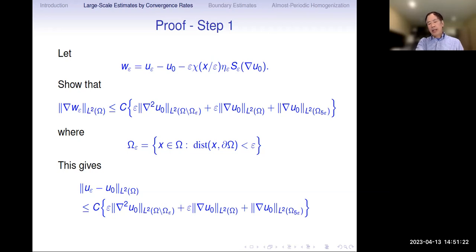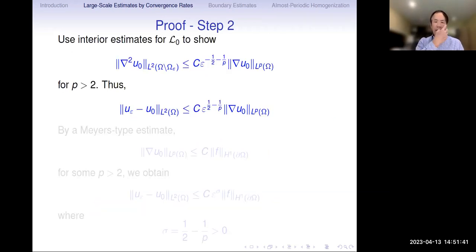Okay, so then the idea is that you try to generate some power of epsilon, and also reduce the order of the derivative. Eventually, you don't want to use a second order because the boundary data is only in H1 actually. Okay, so you can use the interior estimate to bound a second order derivative, for some p greater than 2.